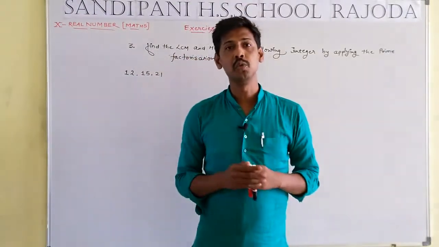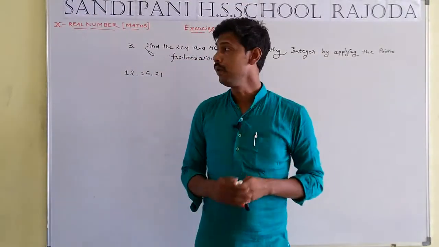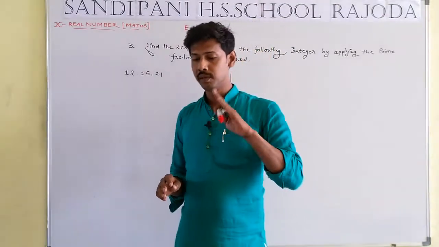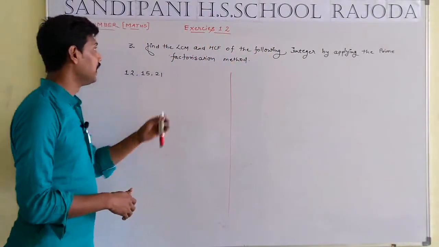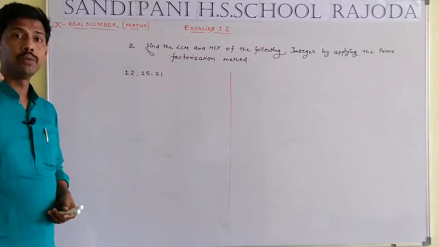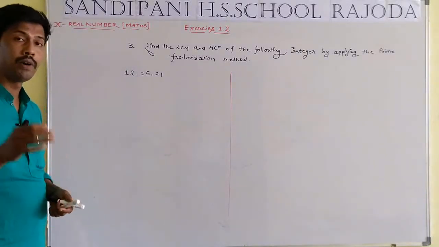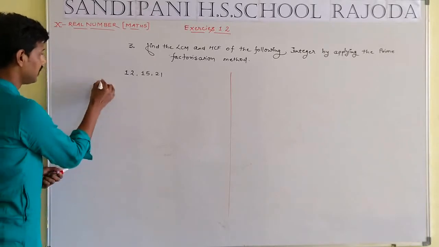In the case of two numbers, verification is allowed, but in the case of three numbers, verification is not allowed. So we have to find the value of the LCM and HCF among the three numbers. So the solution is there.